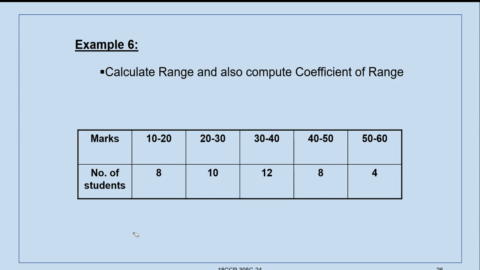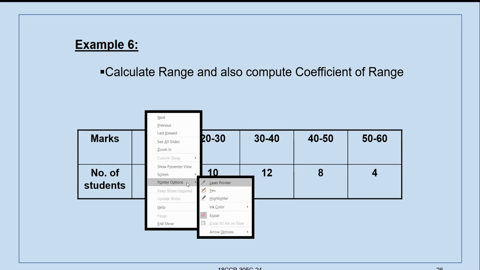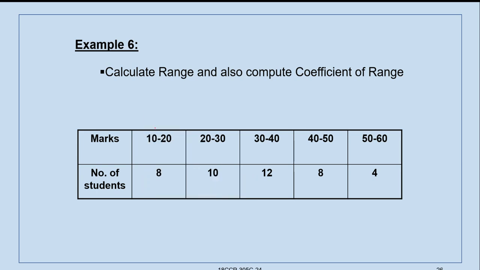We'll see another example. In this also, 10 to 20, 20 to 30, 30 to 40, 40 to 50 and 50 to 60. 10 is the smallest value and 60 is the largest value. So as usual, we are not considering the frequency at all.